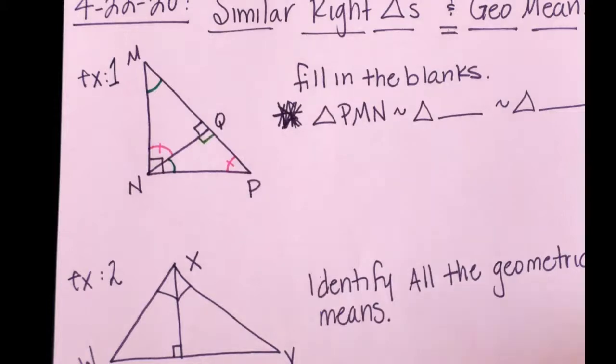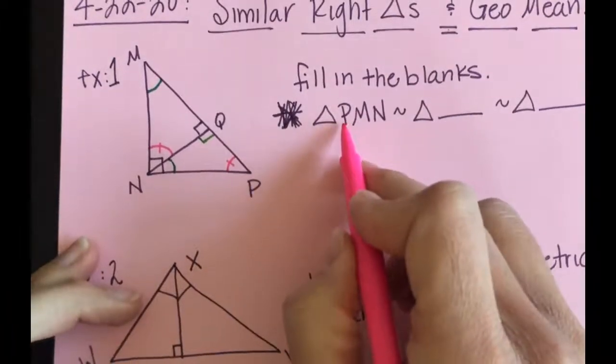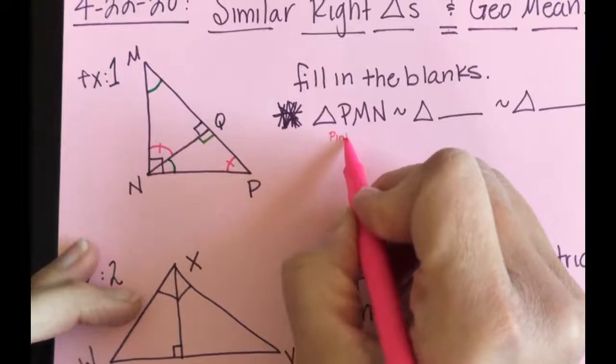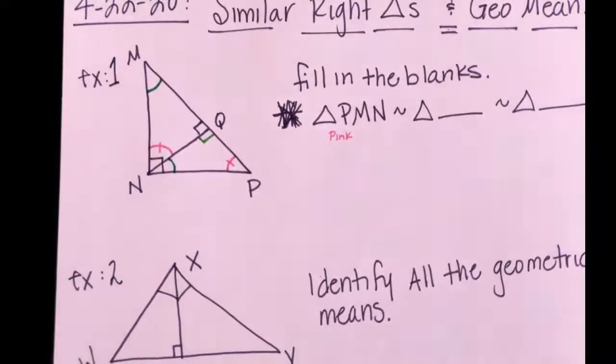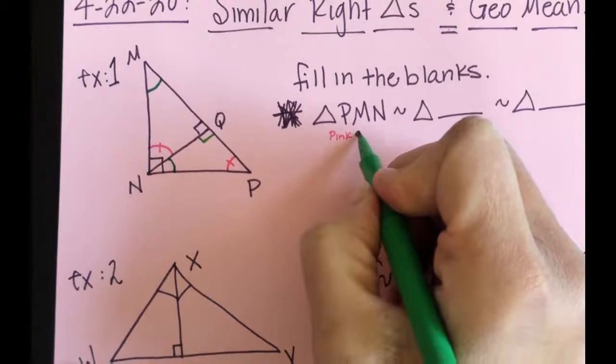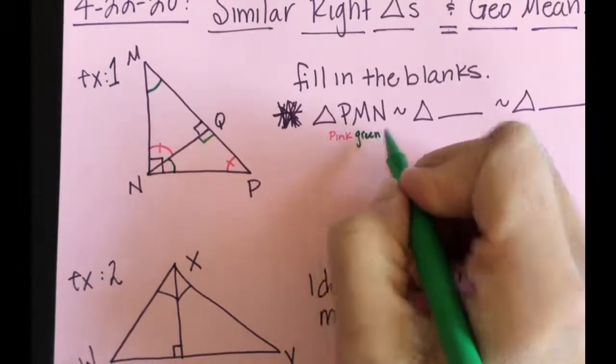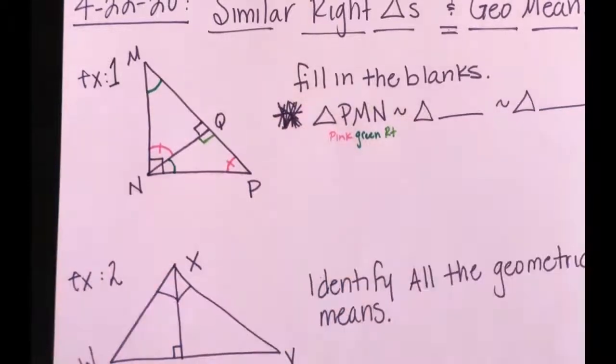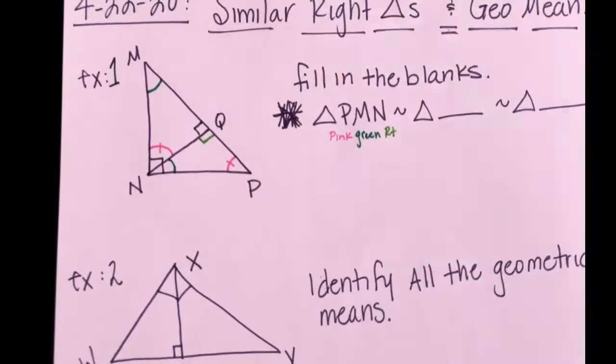So following a pattern, if I see PMN, my brain is looking at pink, green, right. So I want everything else that I'm going to mention to be pink, green, right.